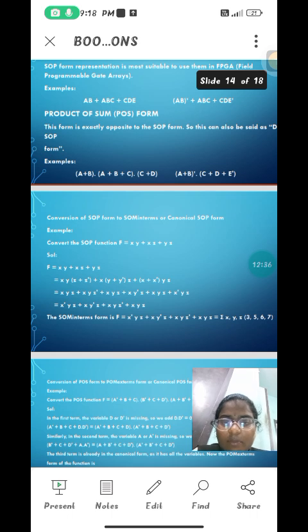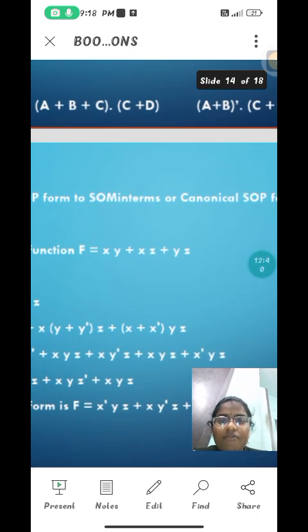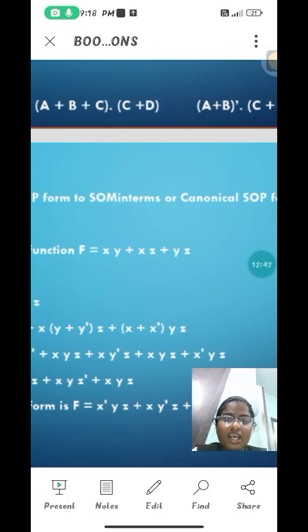Example: convert the SOP function. We take f equals xy plus xz plus yz. Our topic is Boolean function simplification, so with this SOP to POS conversion we simplify the Boolean function.